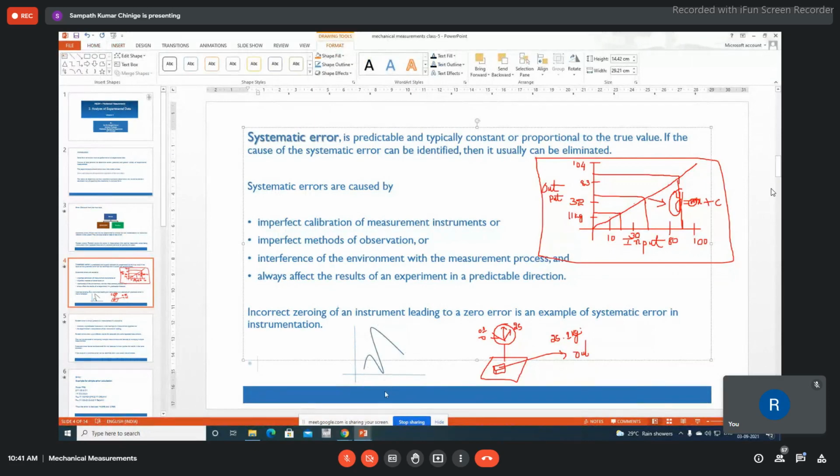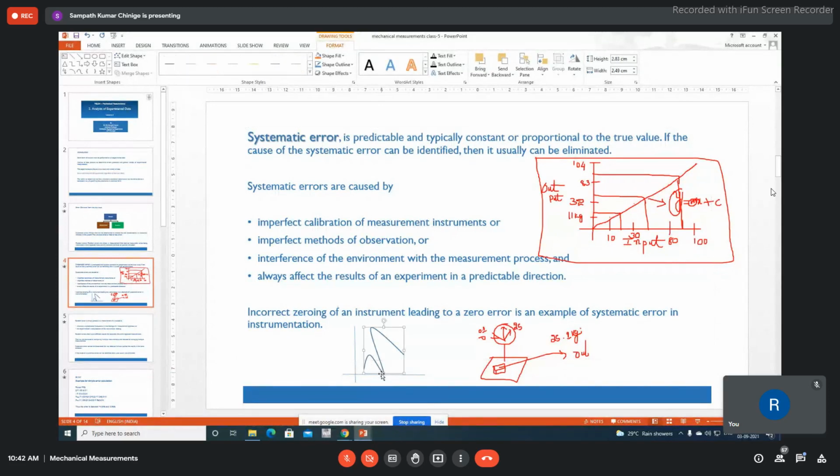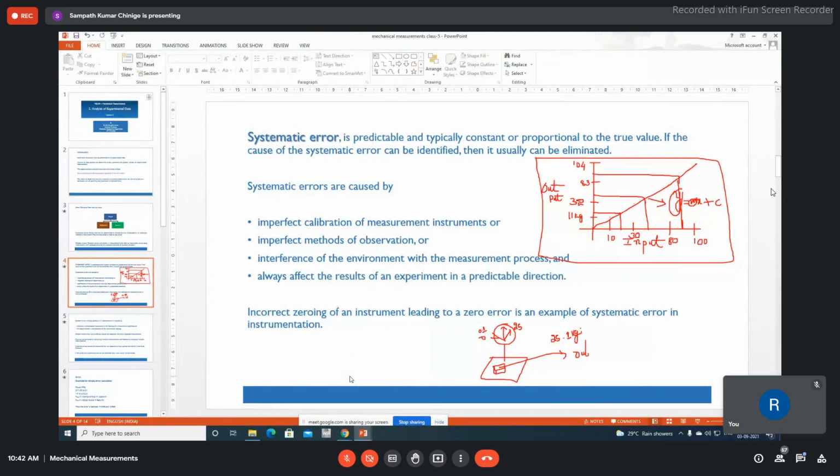How do you find the error? Sometimes for this input it is giving this value, for the second input it has increased to that, and for the third input it has lowered to this value. So this kind of nature will not allow you to estimate the error. If you are finding this randomness in the results, in the deviations, then it is a random error.